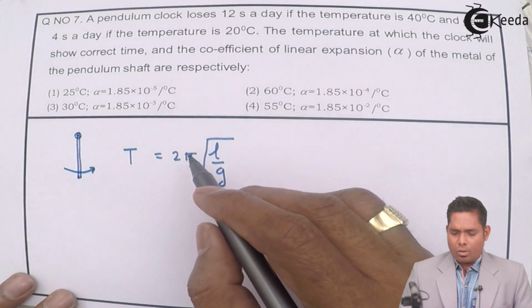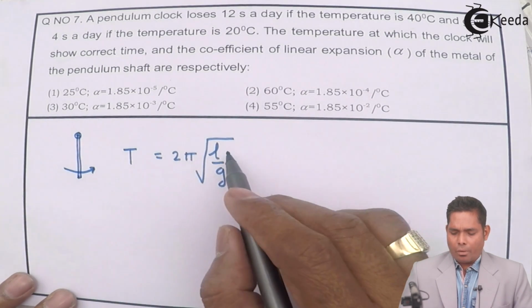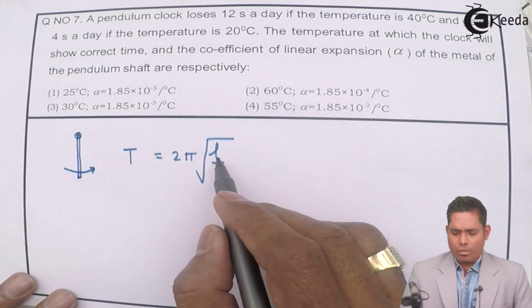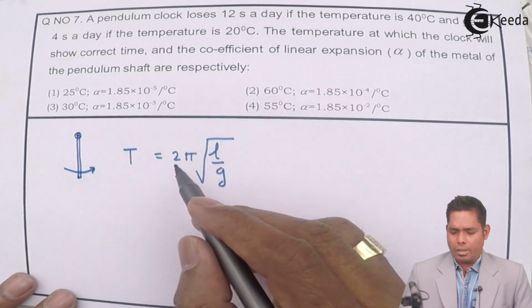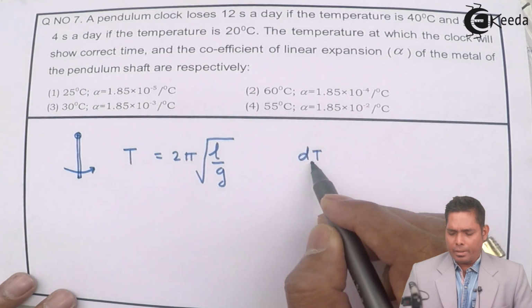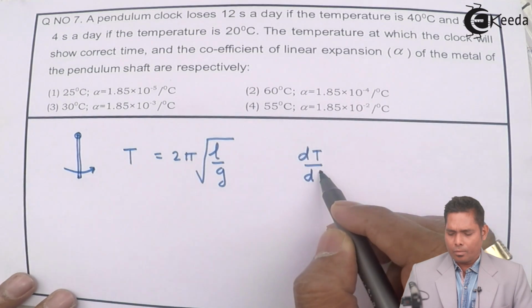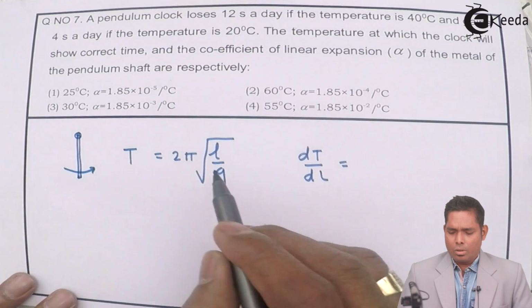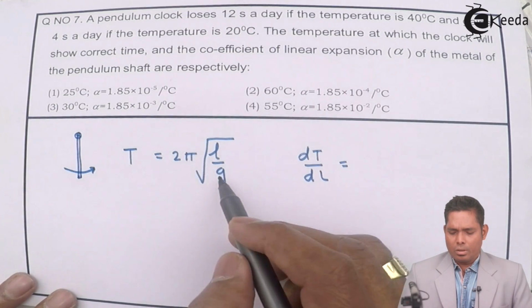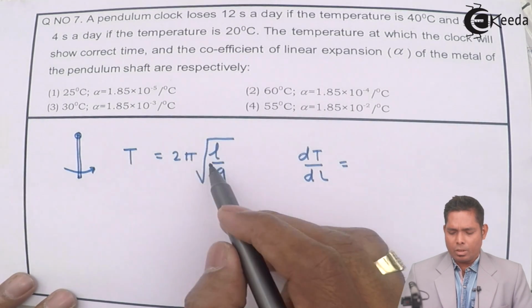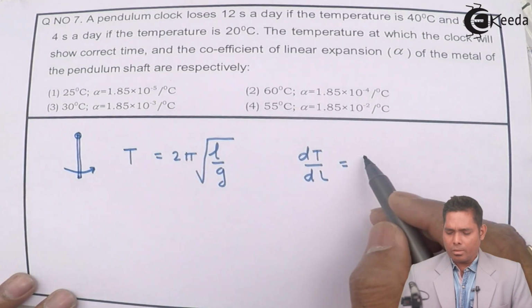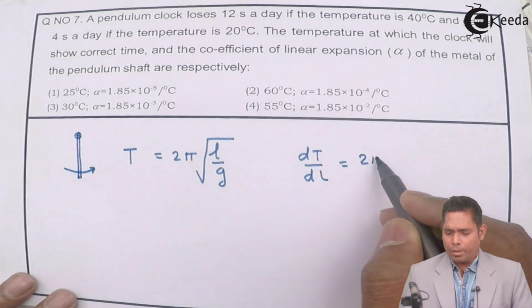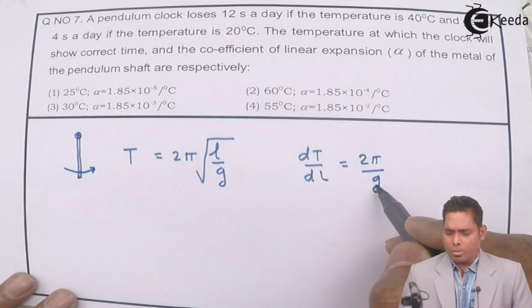Now, if I differentiate this equation with respect to L, I will get dT by dL equals 2 pi, and under root of g, the constant, will come out.